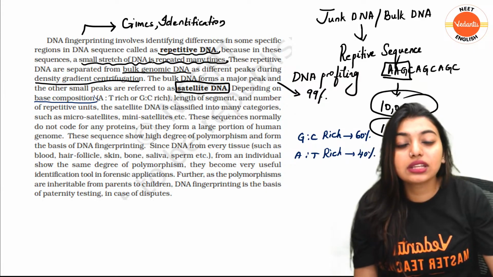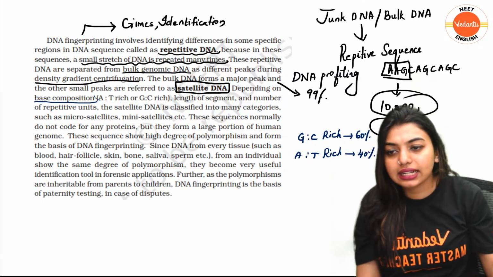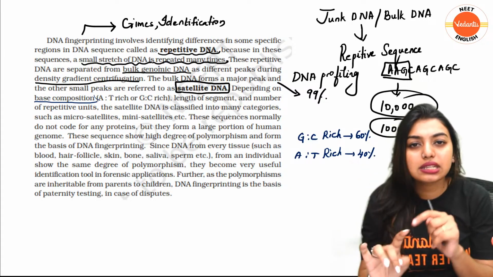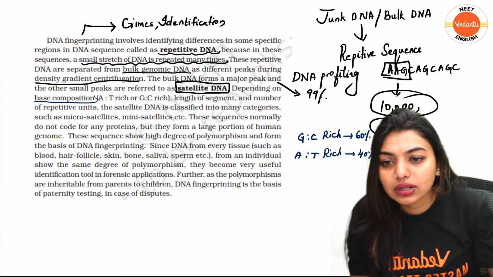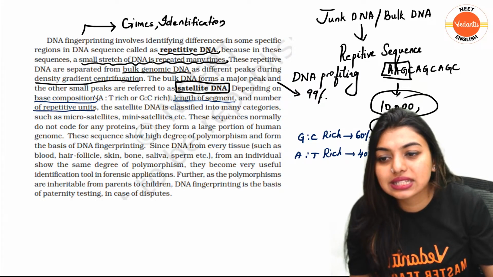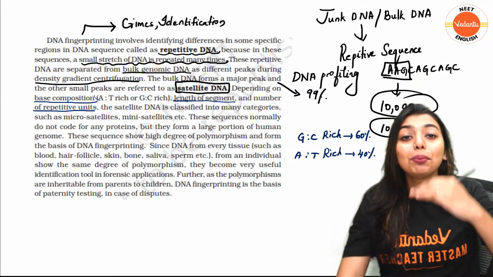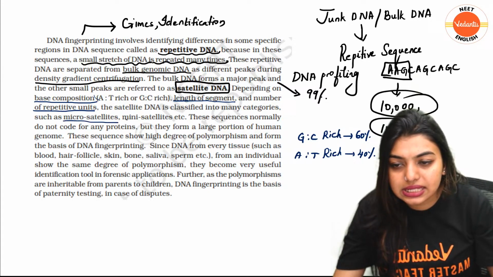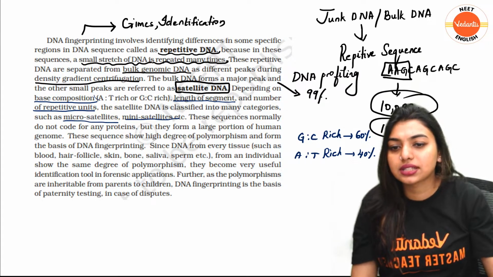Satellite DNA is again divided into microsatellite and minisatellite, depending on the length of the segment and number of repetitive units. The satellite DNA is classified into many categories such as microsatellites and minisatellites.